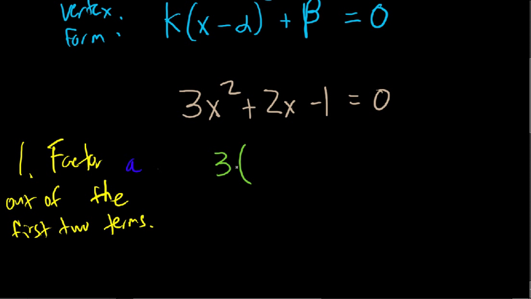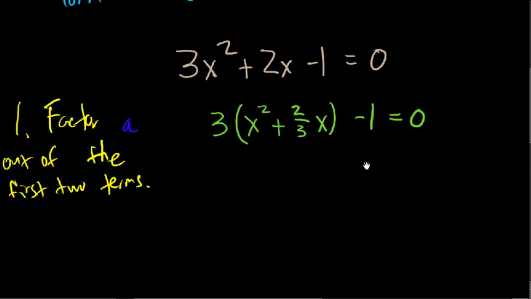So we write 3, then a parenthesis, then x squared, which will always be x squared, and then 2x over 3, which is 2/3 x. You can leave c alone, which is -1, and you leave the right-hand side alone. And there you go. If you multiplied this 3 through, you would get 3x squared plus 2x. So we haven't really changed the equation, it's just changing the form, which is all we're doing in this whole process.